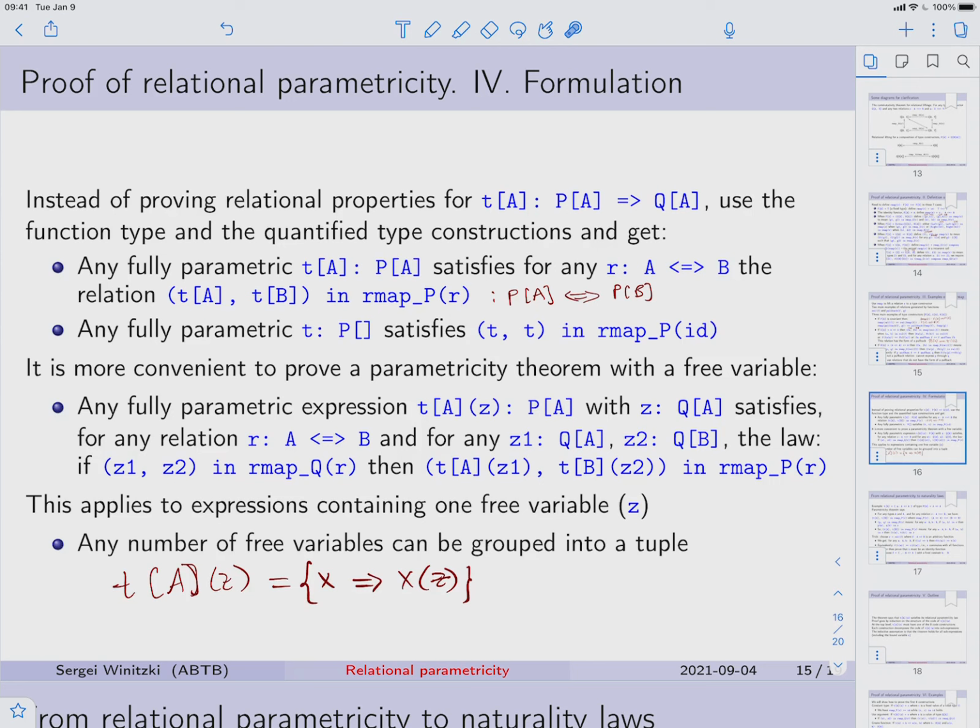So that's for those expressions for which we want to formulate the parametricity property.